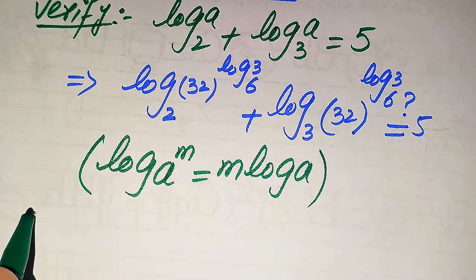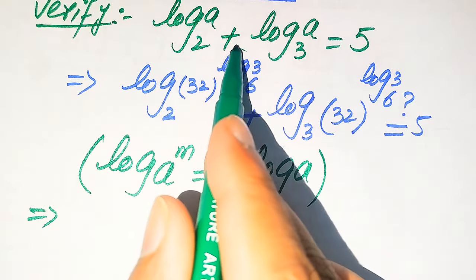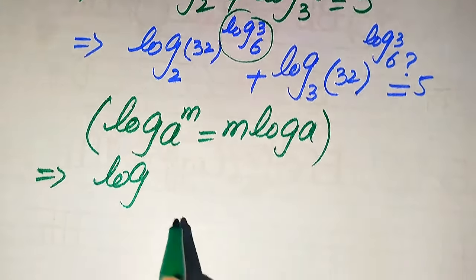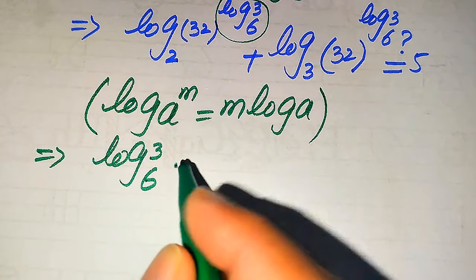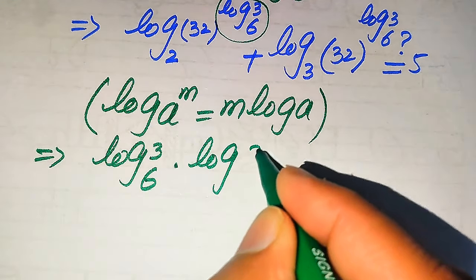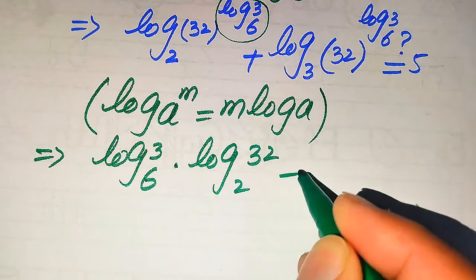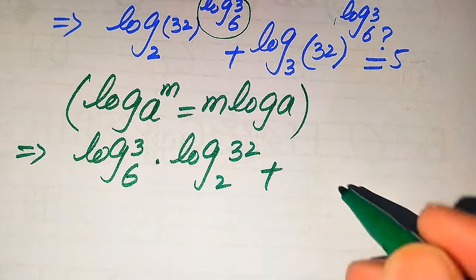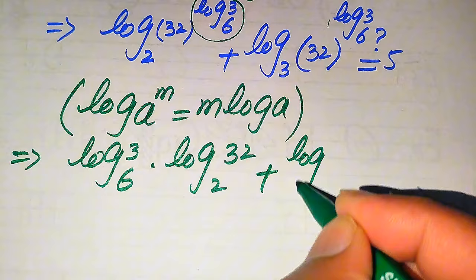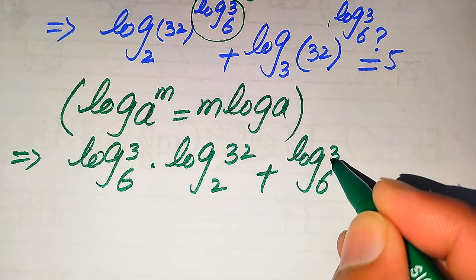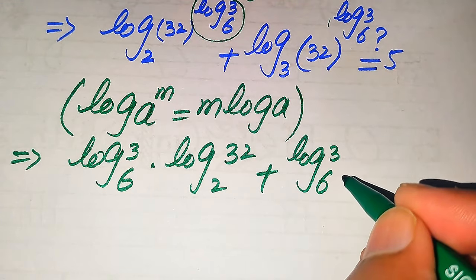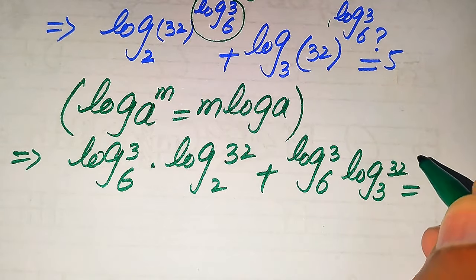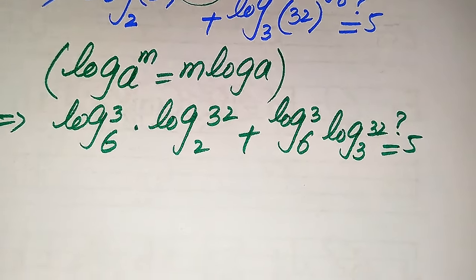So according to this property of log, we move this exponent in front of this log, and it will be written as log of 3 with base 6 multiplied by log of 32 with base 2, plus, in the same pattern, we again move this exponent in front of this log, and it will be written as log of 3 with base 6 multiplied by log of 32 with base 3, and we check whether this is equal to 5 or not.